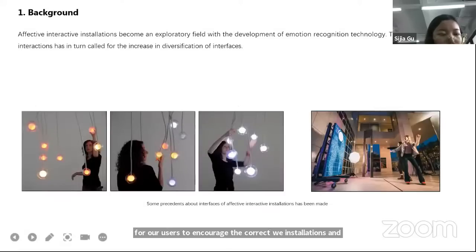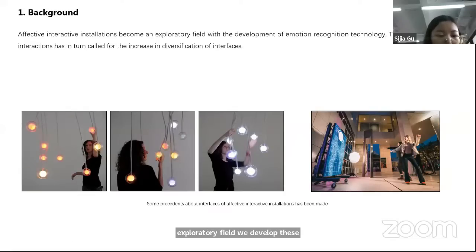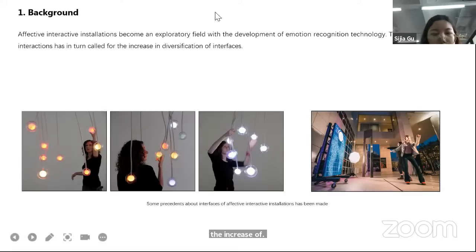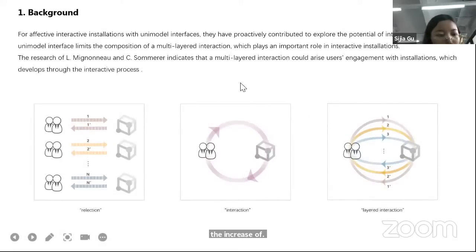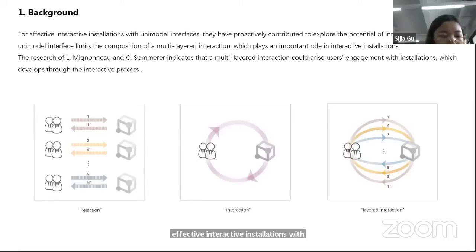And here is a little bit about the background of the research. Affective interactive installations become an exploratory field with the development of emotion recognition technology. The boom of affective interactions has in turn called for the increase of diversification of interfaces. Affective interactive installations with unimodal interfaces have already proactively contributed to explore the potential of interactivity.